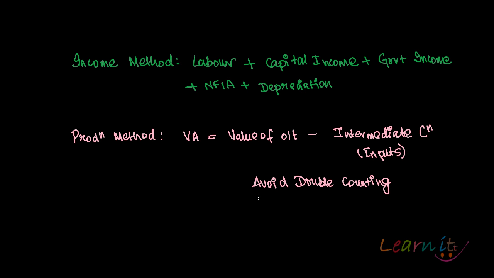So in this case, bread's value added is price of bread times quantity of bread minus per unit cost of inputs for bread times the amount of inputs used for bread.